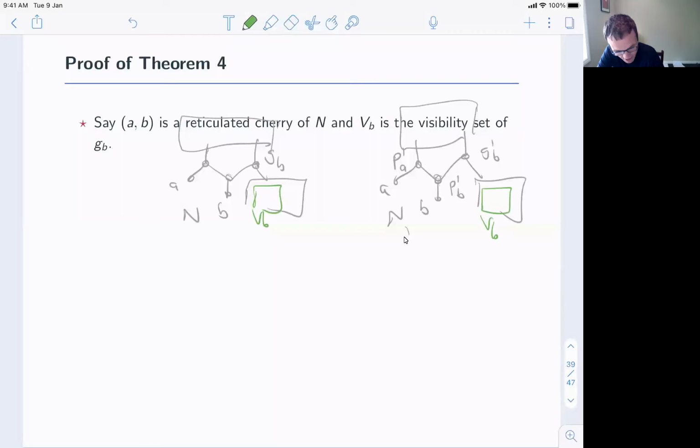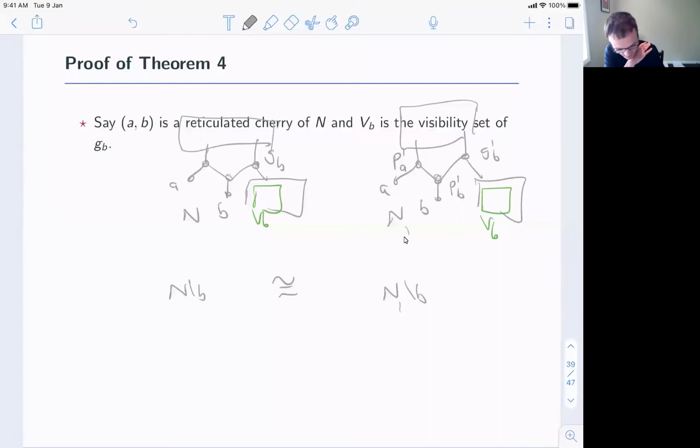Right, now what do you do? You delete B from both. Well, since N and N1 have the same triples and quads, N delete B and N1 delete B also have the same triples and quads once you remove B. So they must be isomorphic.